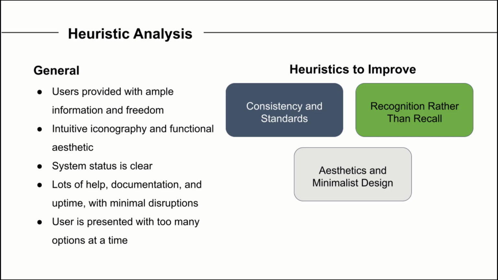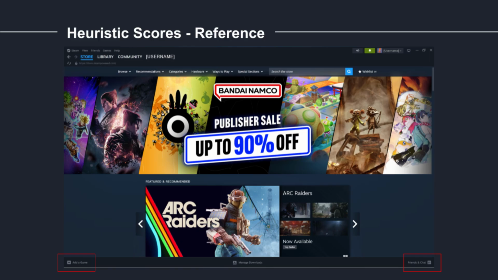I selected 3 heuristics as potential usability issues, and examples of why for each. Recognition rather than recall is on the list, because certain important UI elements lack visibility, such as the friends in chat and the game gift code buttons. Aesthetic and minimalism is missing from places such as the store page, where you have 3 different navigation ribbons, 2 different drop-downs, and redundant options between the 2 of them.